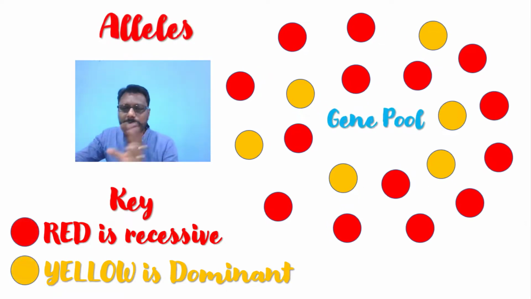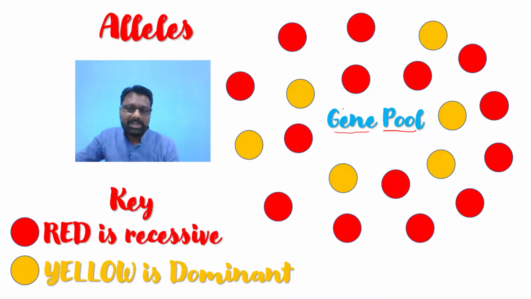Now, if we pool all these genes together in a population, we consider that as the gene pool. Gene pool can be defined as the sum of the total genes present in a population.